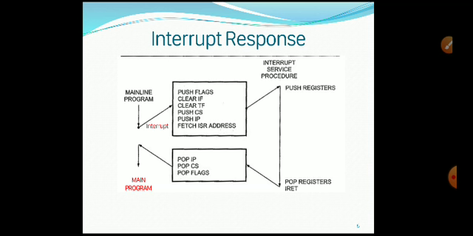Then the processor saves the status of different registers. For example, it first pushes the contents of CS and IP, which give the return address of the program. It stores CS, IP, and the contents of the flag register into the stack, and it resets IF and TF, that is, the interrupt flag and trap flag.